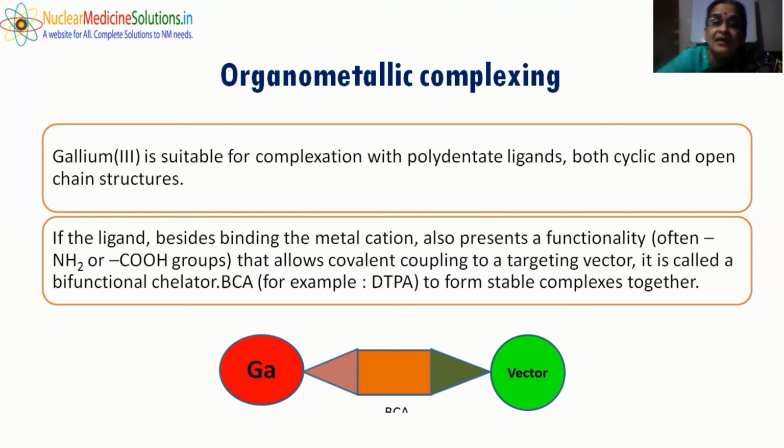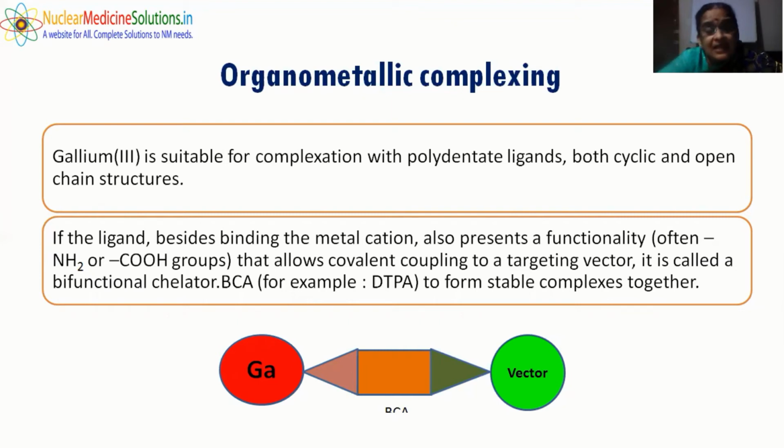And if the ligand, besides binding the metal cation, also presents a functionality of an amine or carboxyl group that allows the covalent bonding or coupling to a targeting vector, it is called a bifunctional chelating agent or bifunctional chelator.